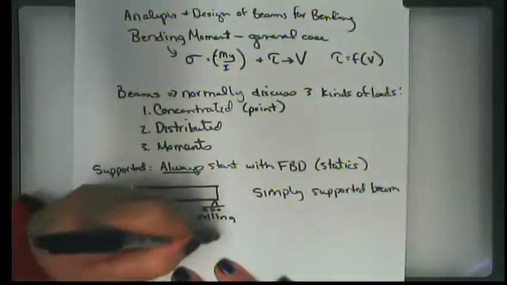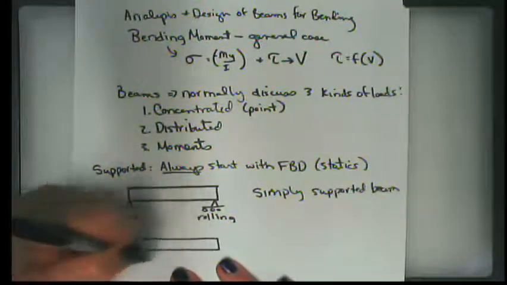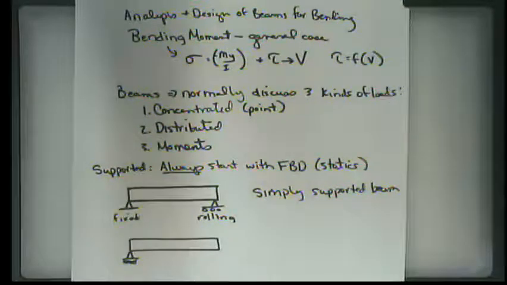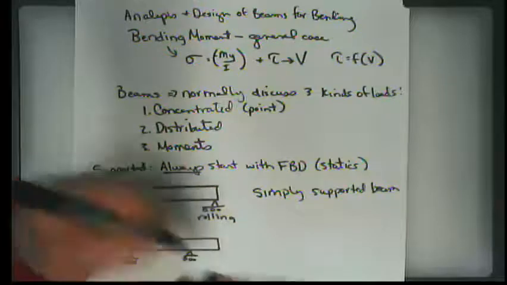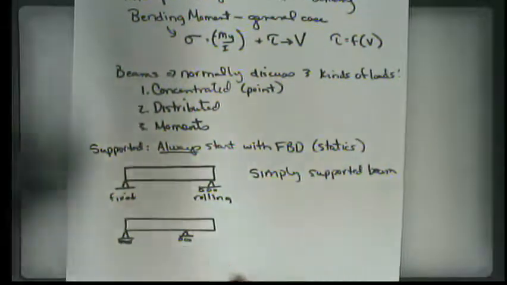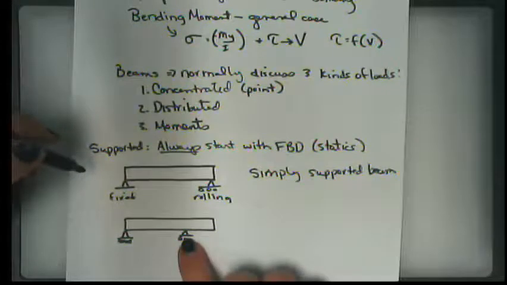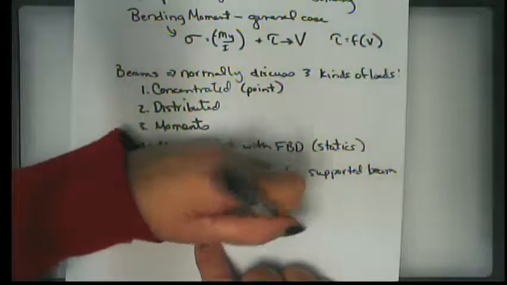Another type of beam has the same 2 types of supports, but the fixed is at one end. Shouldn't put the little rollers there, it could go the other way, but we'll leave it like this. And a rolling support not at the end, but somewhere else away from the edge of the beam, and this is just referred to as an overhang beam.